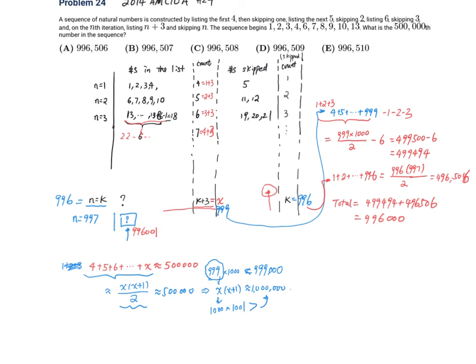Keep in mind, this number is the 499,495th number in the list, and it is 996,001. Somewhere here in the list, in this block, will be your 500,000th number, right?